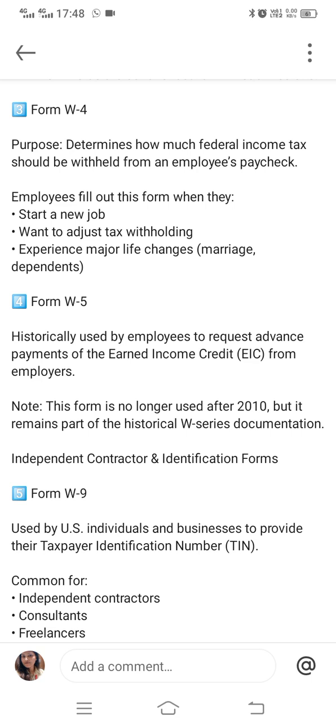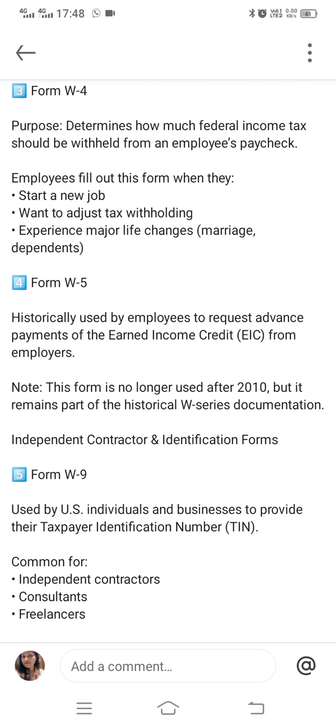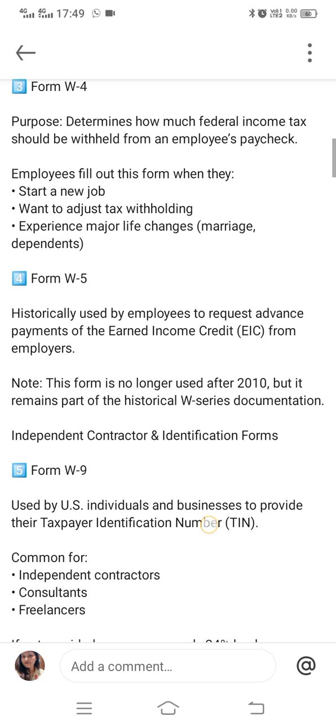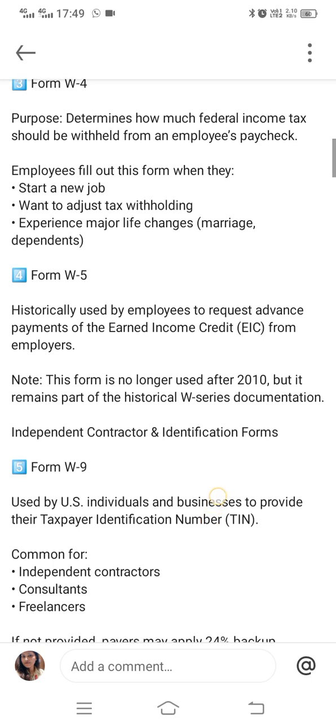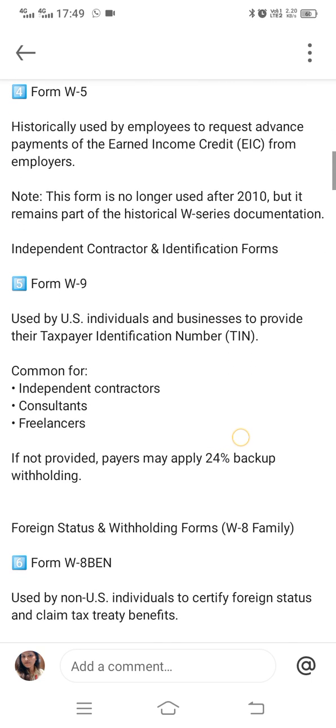Employees fill out this form when they start a job, want to adjust tax withheld, or experience major life changes like marriage or dependents. In the US, the IRS has different categories, different exemption limits, and rebates for married people, and there are different rules for dependents. On the basis of that the taxability and the tax is computed, so you need to fill out this information and it is very important.